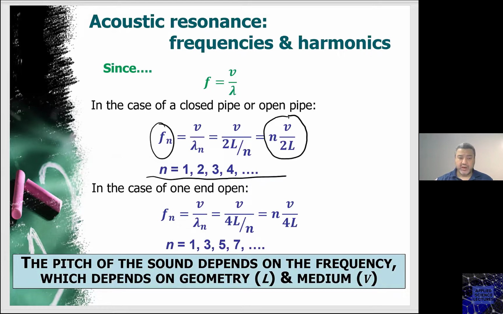However, for the open closed structure, we saw that the fundamental is happening at lambda over 4, and the frequency is given by n v over 4L, where the n are the odd numbers.